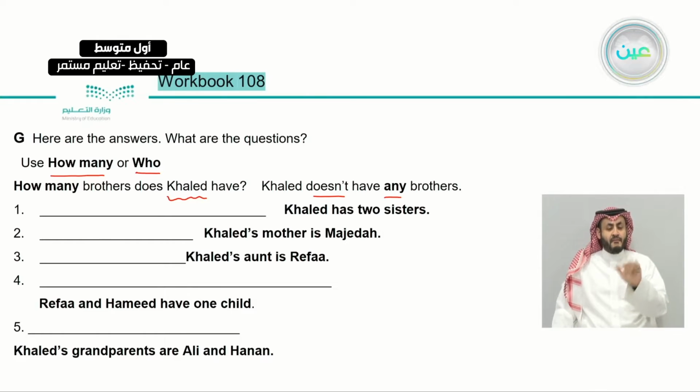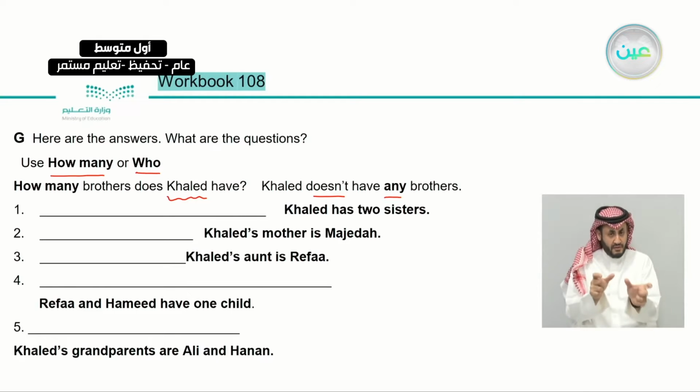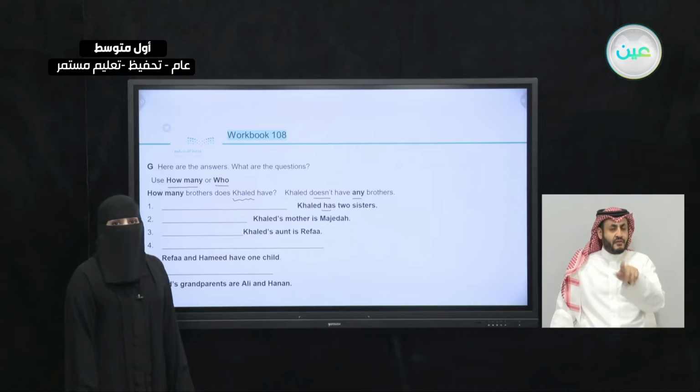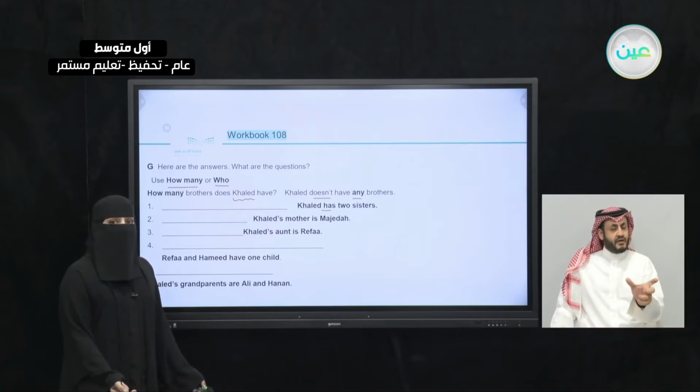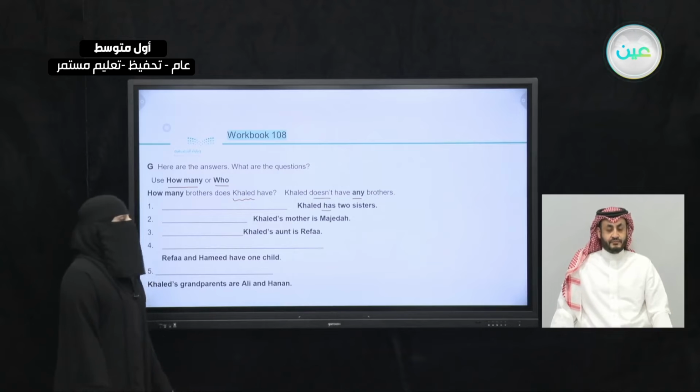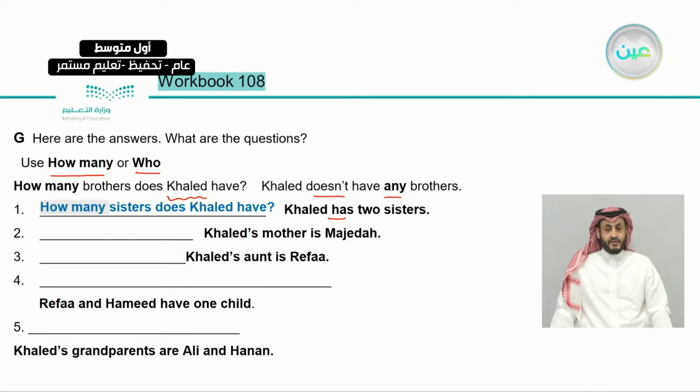Usually any comes with negative. Let's look at number 1. Blank. Khalid has 2 sisters. So if I want to make a question, how do I do that? Good job.